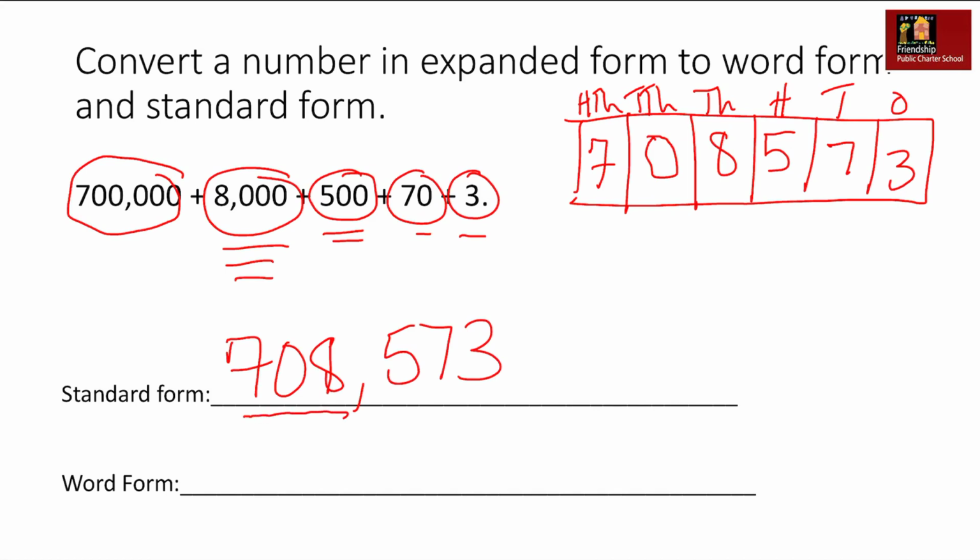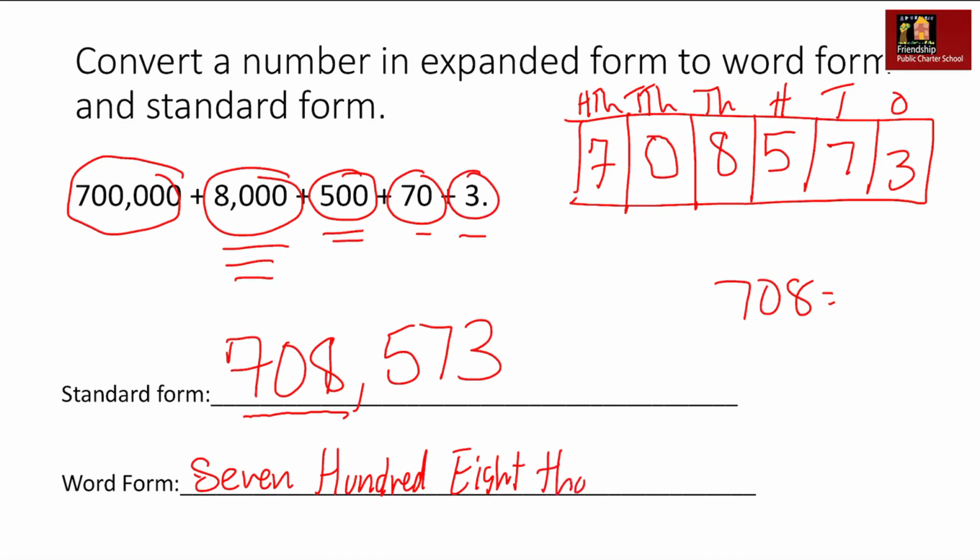And so for word form, what I do is I read up until the comma. So what number do we see up until the comma? What's the left side of the comma? Well, it's 708. And if we read 708 as a number, we would say 708, right? So I'm going to write 708. And then we have a comma, so that tells us we're ending our thousands period.